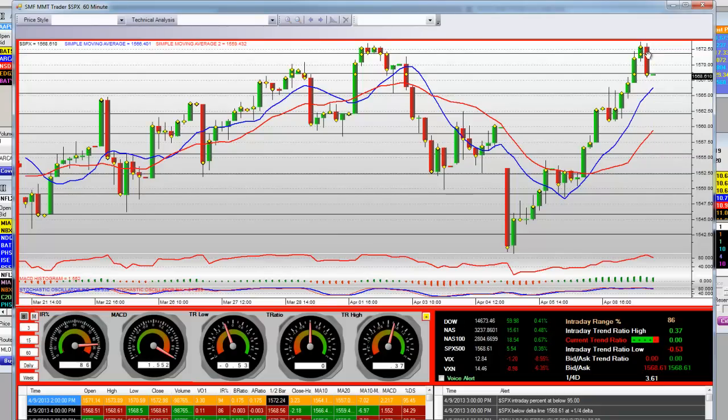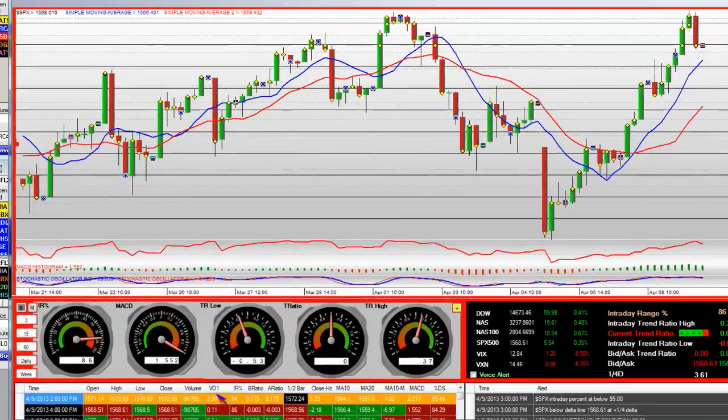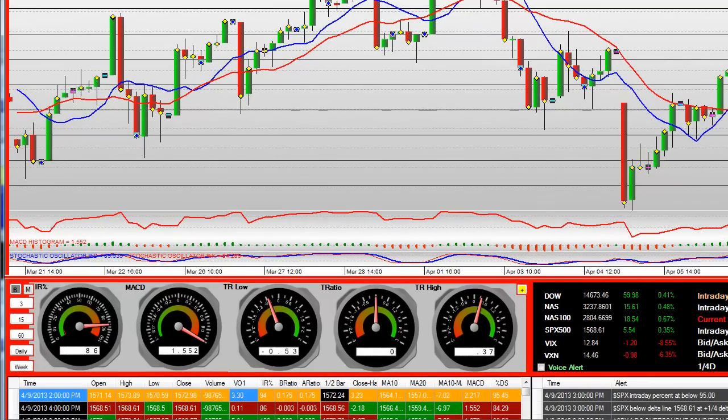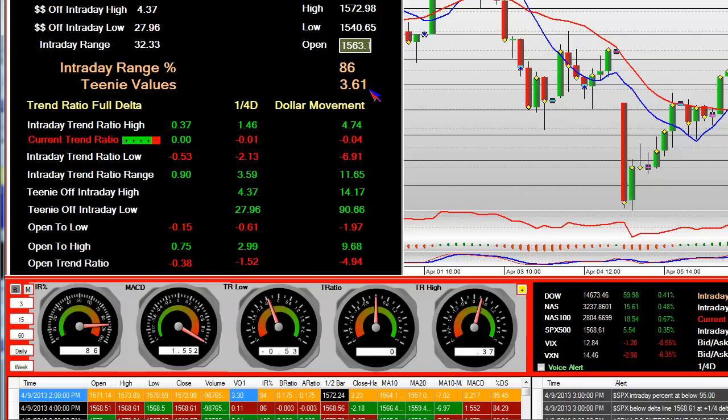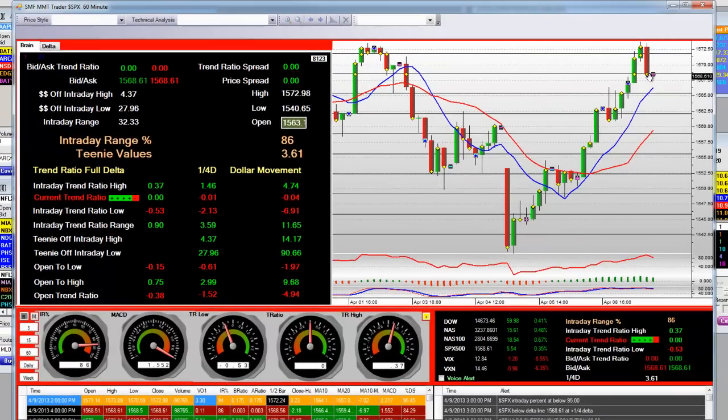But look, that was a $3.30 bar, a 60-minute bar reversal here. It was almost a 1/4 delta, which equals $3.61. That bar during that time frame was $3.30, 31 cents short of a complete mathematical 1/4 delta reversal at 3.61.